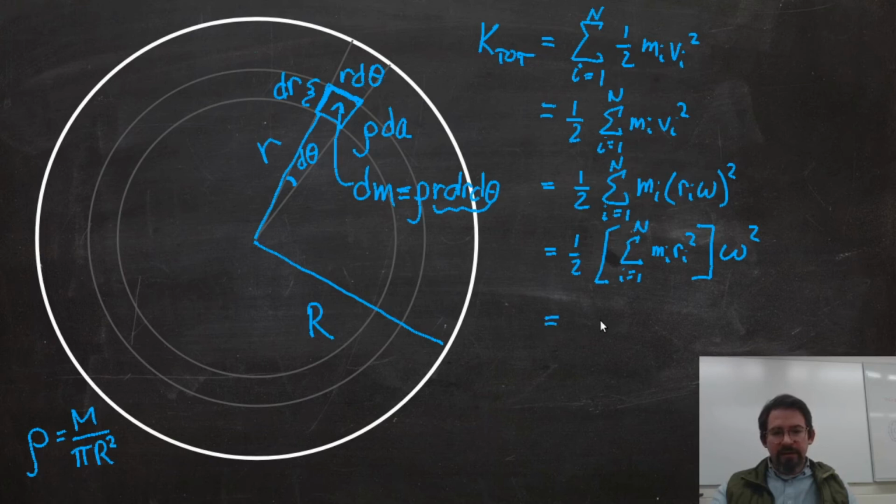So we can say that this sum, in the limit that the number of particles goes to infinity but their size goes to 0, becomes an integral that includes all of the mass of r squared dm, where dm is located at that r.